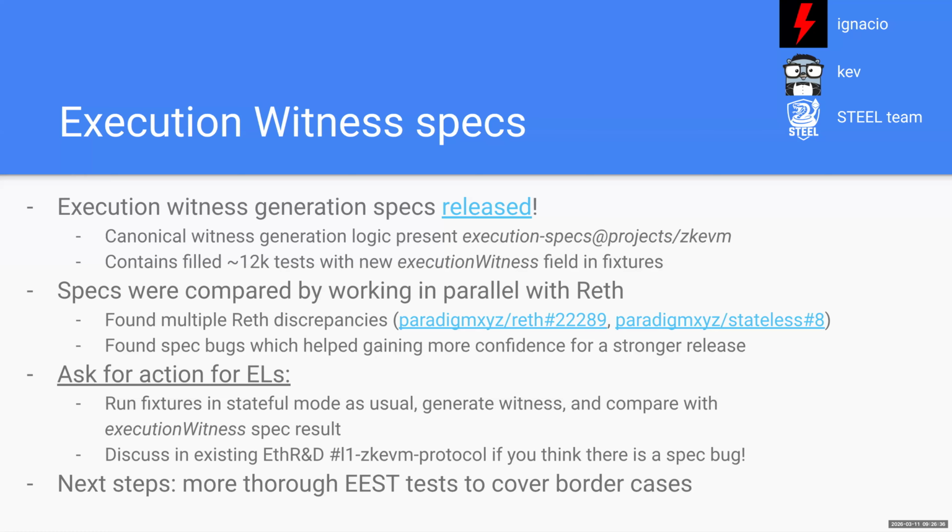So it's basically kind of the same as when you run the test, calculate the new state root and compare it to the fixture state root. You run the test, you generate the execution witness that your EL thinks is correct, and you compare it against the fixture execution witness. Does that make sense to you?